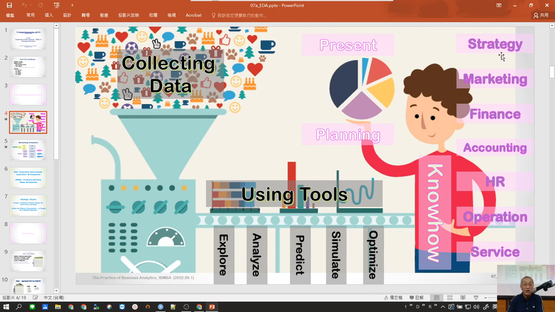Now along the way, you are not only applying this programming and data manipulation, data analysis technique. You need to combine this data analysis technique with your managerial knowledge, okay? Because this is the purpose, right? This is the purpose, and this is the tool, right?